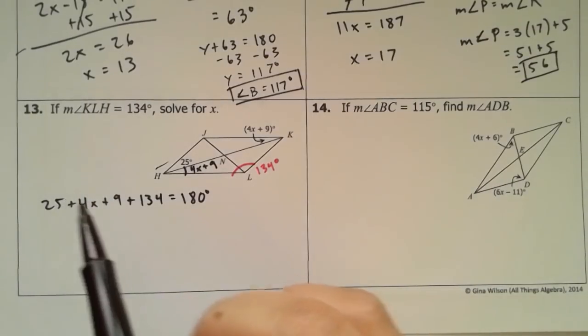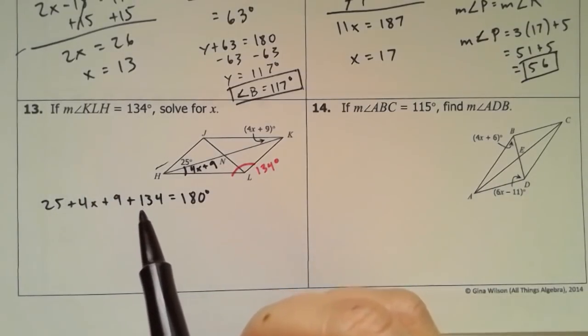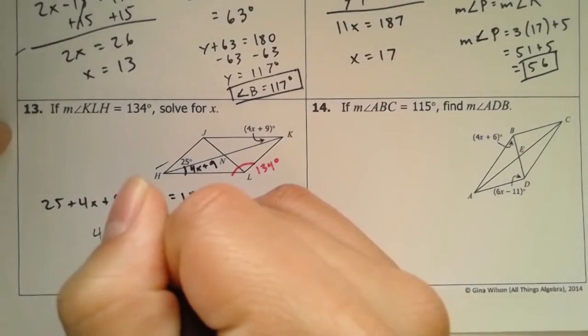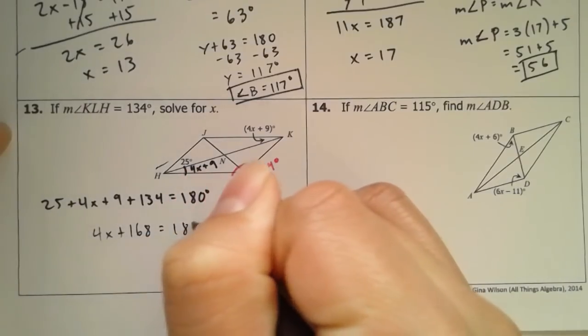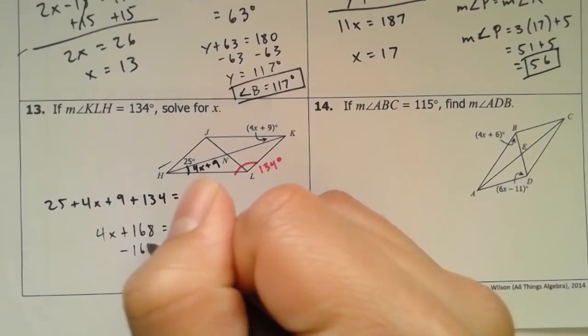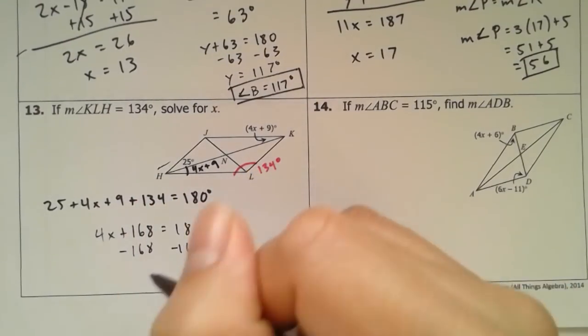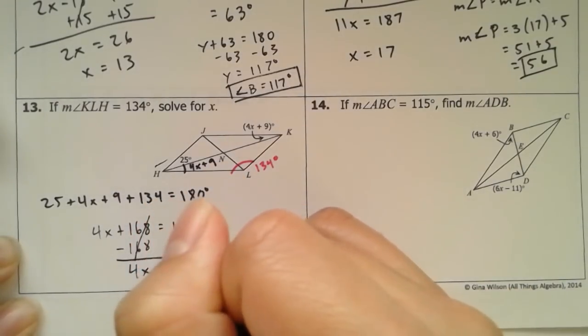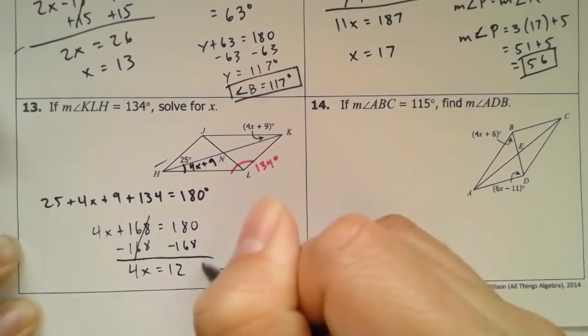Combine my like terms, 25 plus 9 plus 134. Use your calculator. I'm getting 168, so 4x plus 168 is equal to 180 degrees. Then I subtract 168 from both sides, and I get 4x is equal to 12, so x is equal to 3.